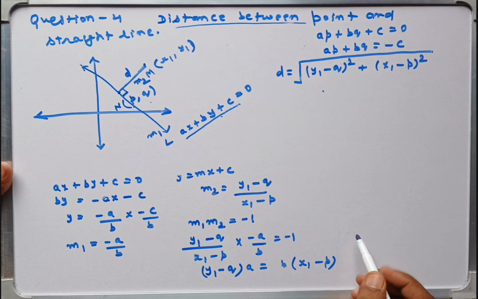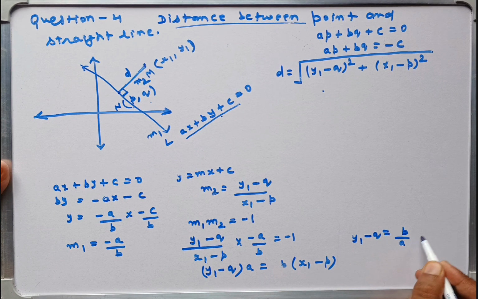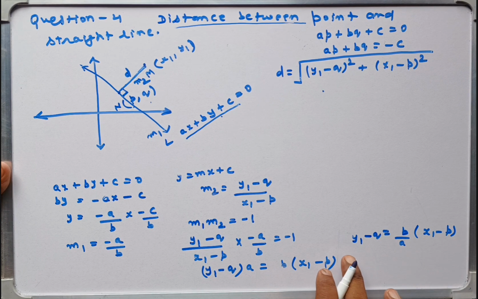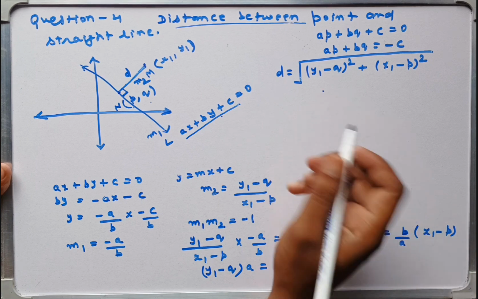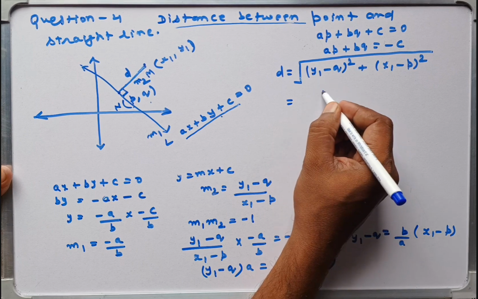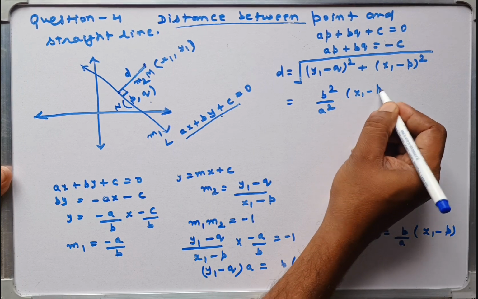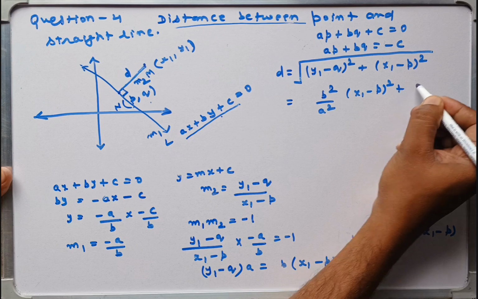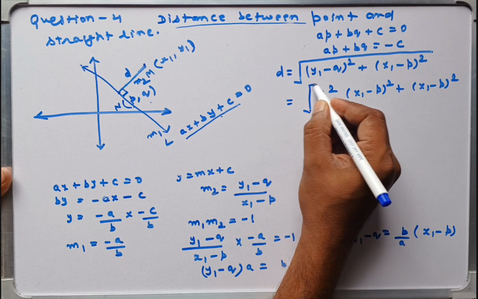Okay, so guys, we can write here y1 minus q equal to b by a into (x1 minus p). Here this value can be put here. So this will become b square by a square times (x1 minus p) whole square plus (x1 minus p) whole square, take the square root of all.